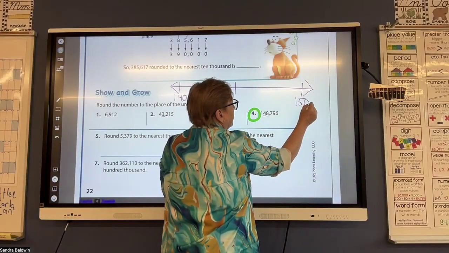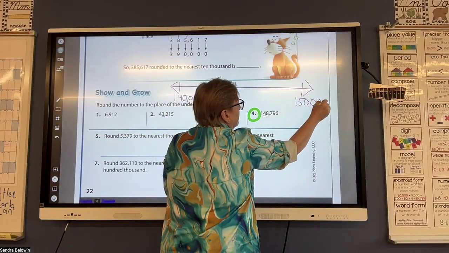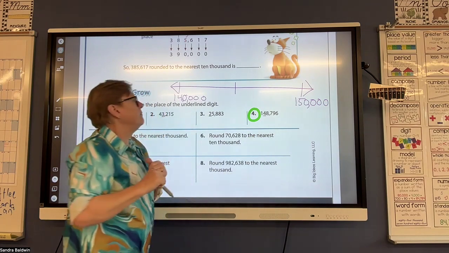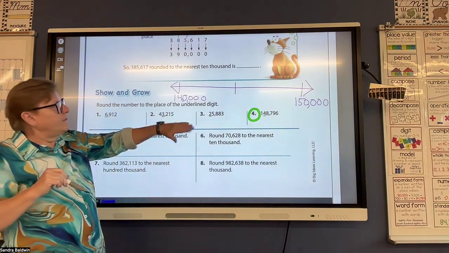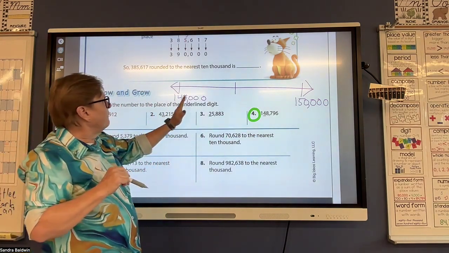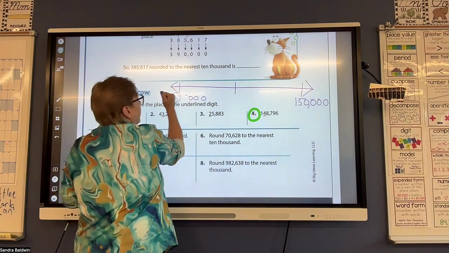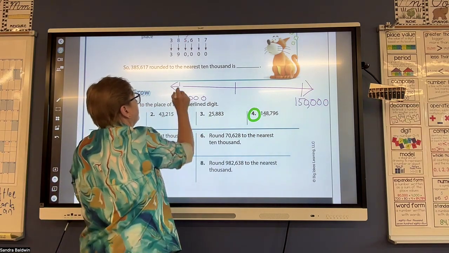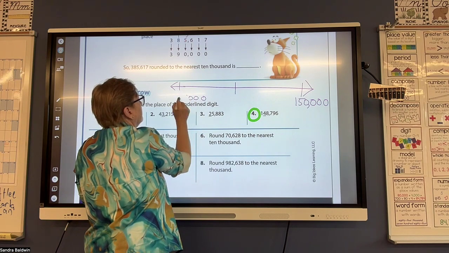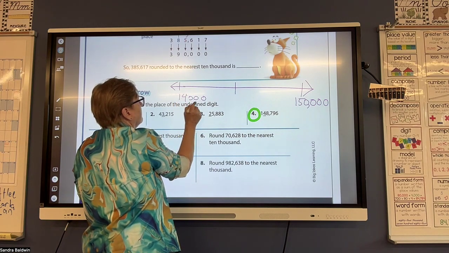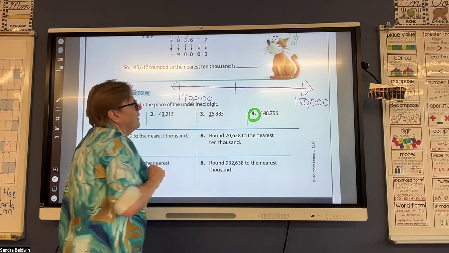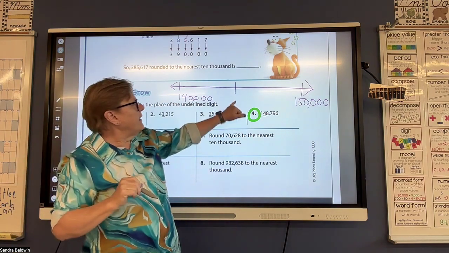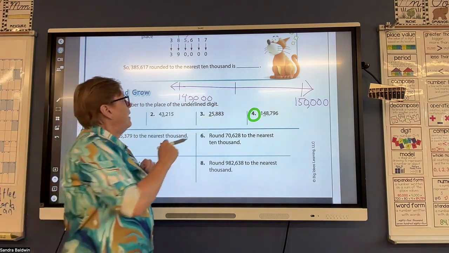Then I would still have the same number of zeros. So this number is between 140,000 and 150,000. I'm going to rewrite this a little bit because it's a little bit messy.